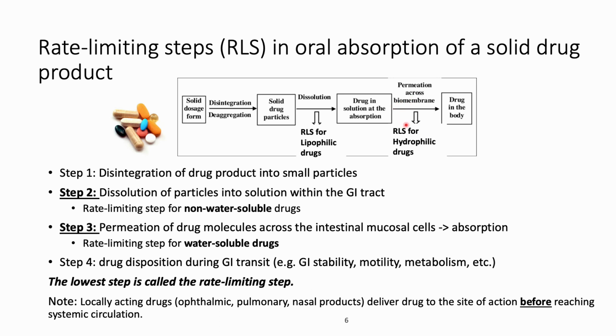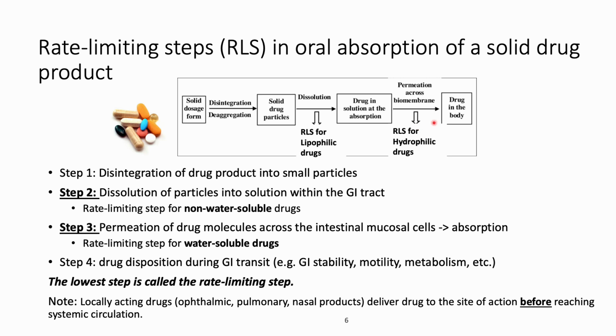This step will be slow for a drug that is water soluble, because to cross through the cell membrane, a water soluble drug is very hydrophilic. It takes more time. So for a water soluble drug, the rate limiting step will be permeation.